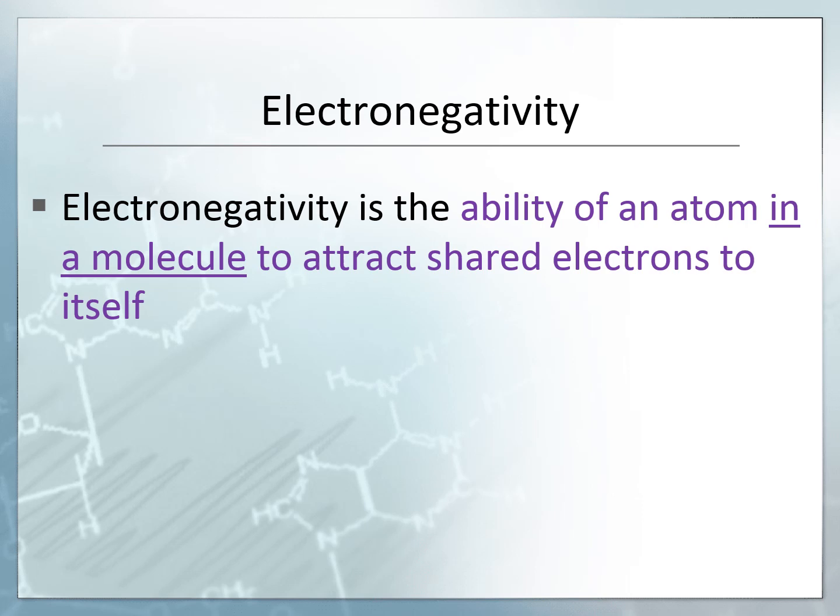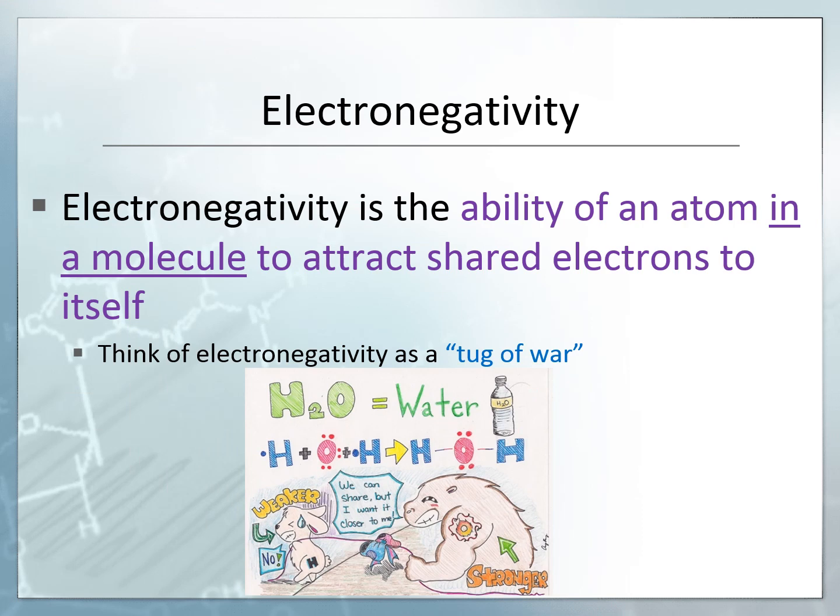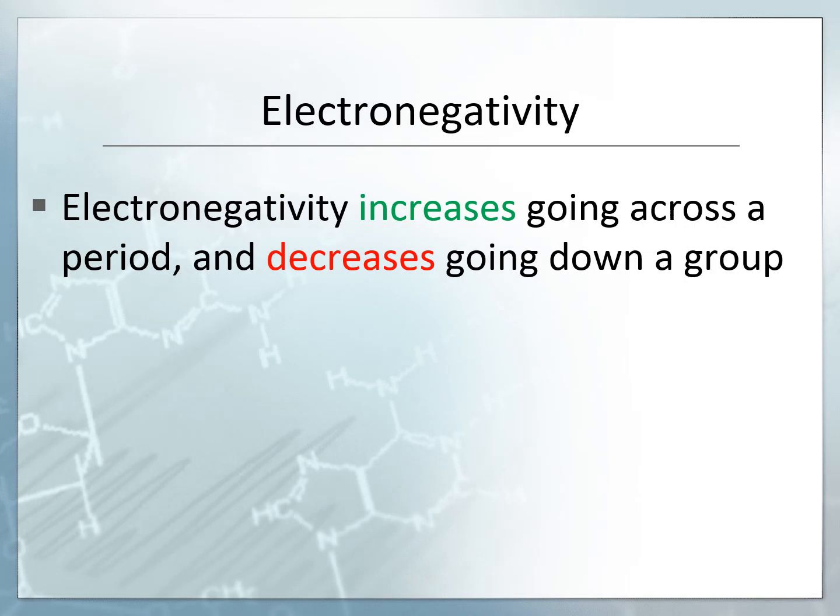Electronegativity is defined as the ability of an atom in a molecule to attract shared electrons to itself. Electronegativity increases going across a period and decreases going down a group.